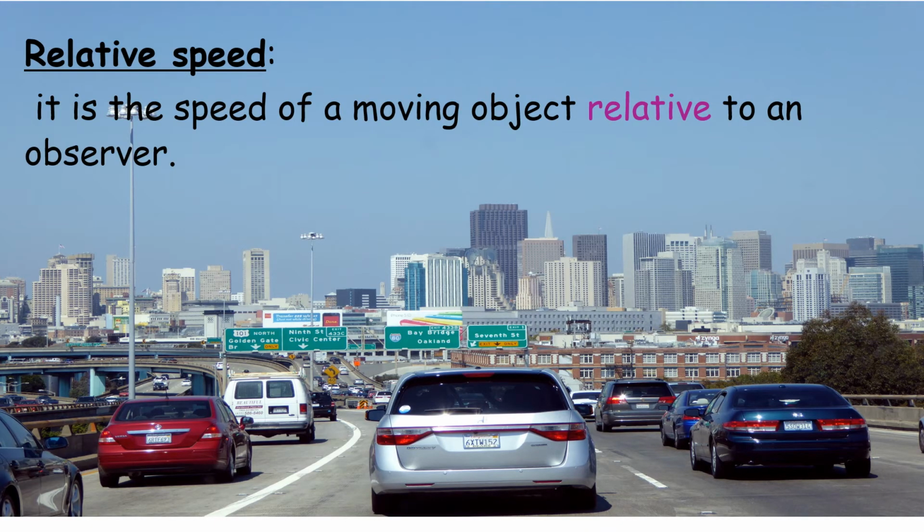Relative speed is the speed of a moving object relative to an observer. So relative speed is the speed of the object with respect to the observer. The observer may be constant, meaning at a fixed point, whose speed is surely 0, or may be moving in the same direction, a car moving on the same road, or in the opposite direction.